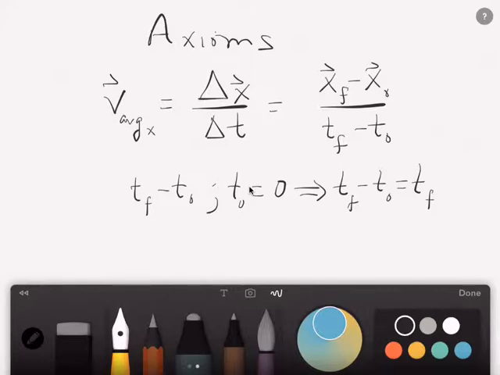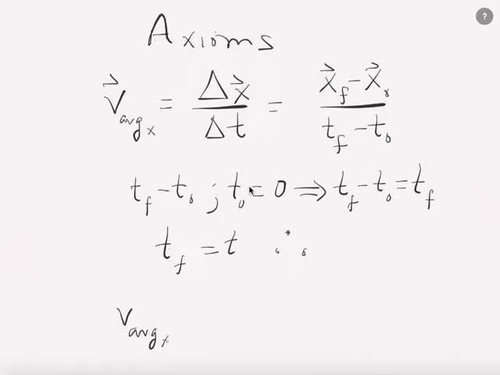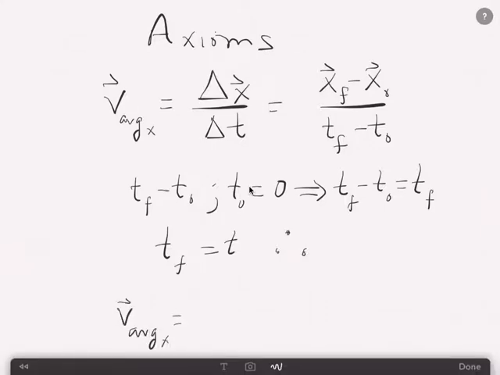But instead of writing t final, let's let t final equal just t. Therefore, we're going to write v average in the x direction. It's just going to equal our final position minus our initial position of some object that is moving, divided by t. We're going to call this equation number one.